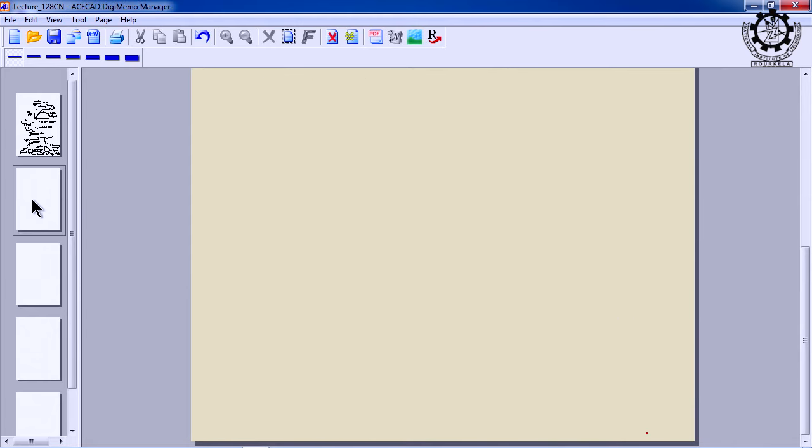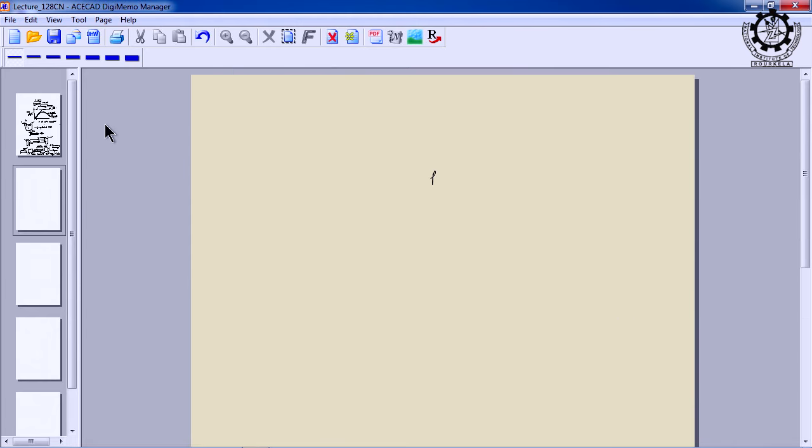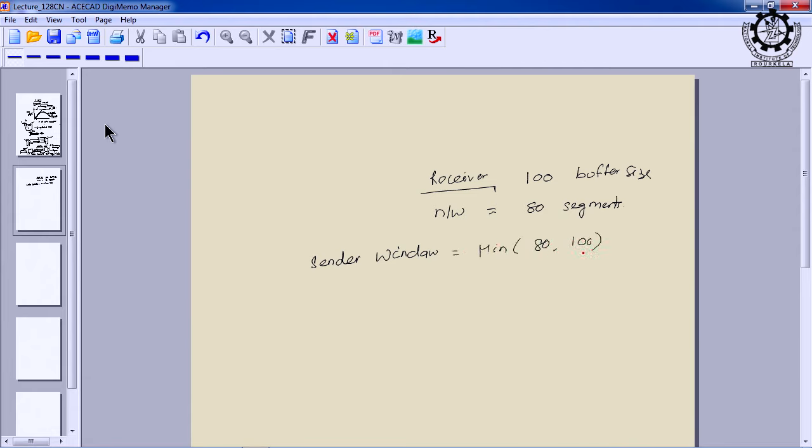That means if the receiver says my buffer size is 100, and the network's carrying capacity says 80 segments at any point of time, then the sender window will be decided with the minimum of 80 and 100. So this will be set to 80.